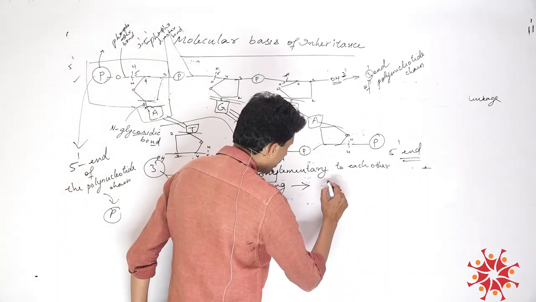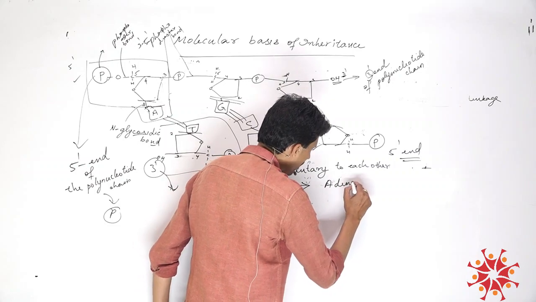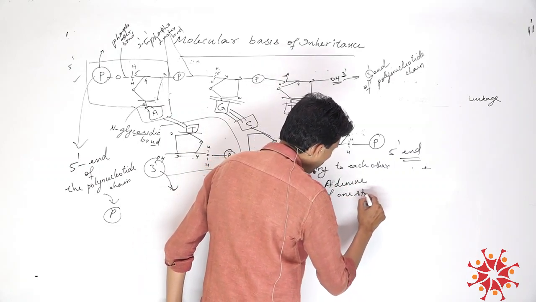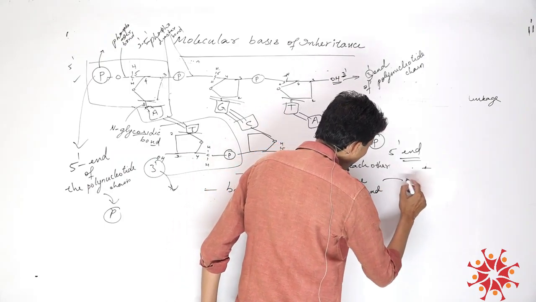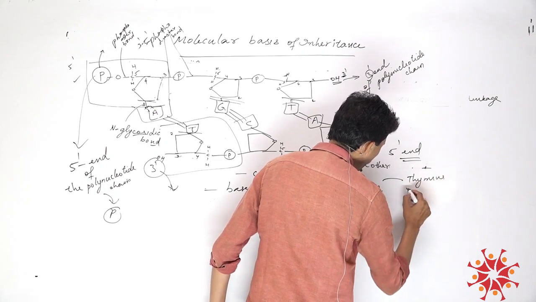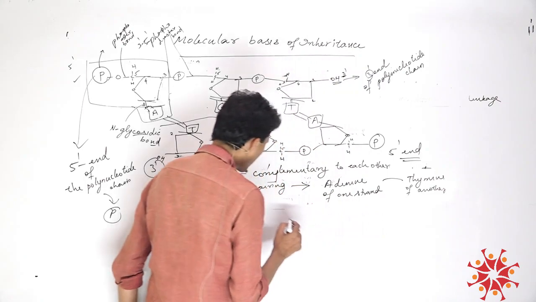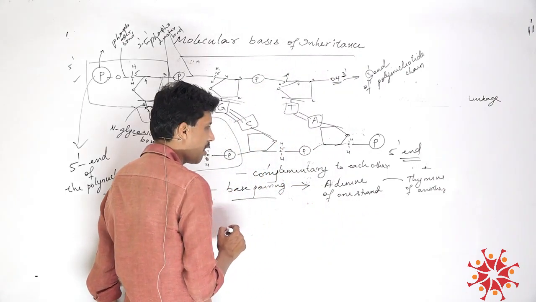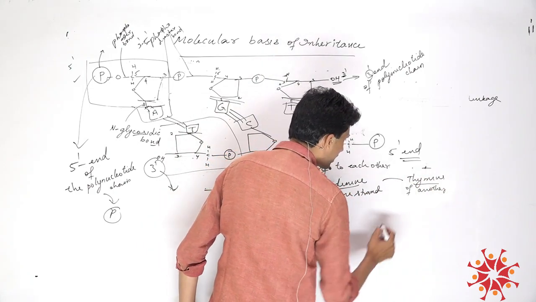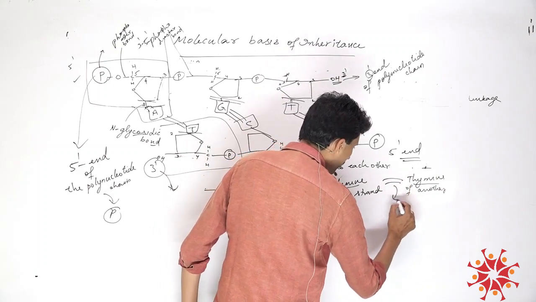Always remember, adenine of one strand will only pair with thymine of another strand, right? So always this base pairing is typical, complementary.